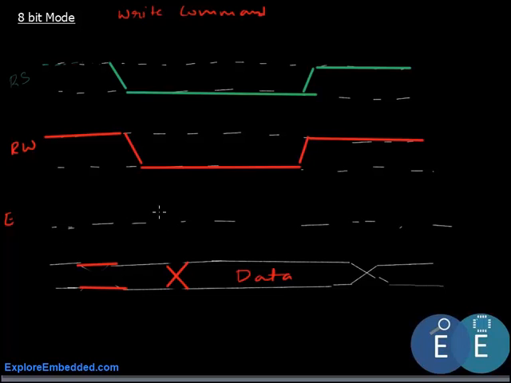Alright, so now the important thing is, before we send an enable pulse, this should be set up, and this is called the address setup time. We need to send a low to high pulse.